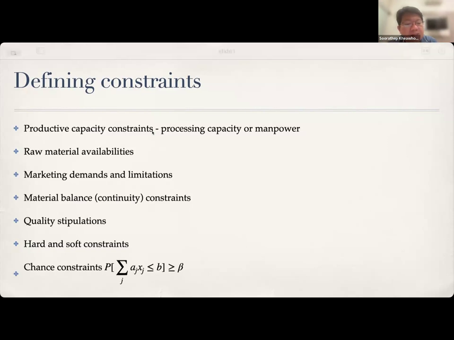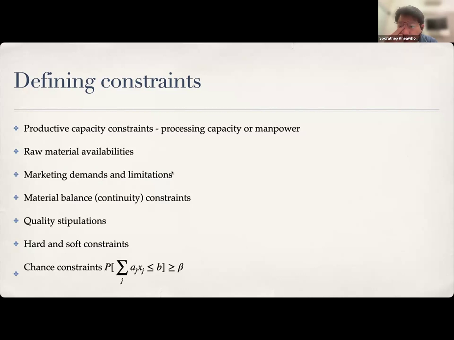Okay, the next thing is marketing demand and limitations. This is quite complex, but it imposes a constraint for sure. Marketing demands and limitation means you have some requirement in order to satisfy the marketing demands.